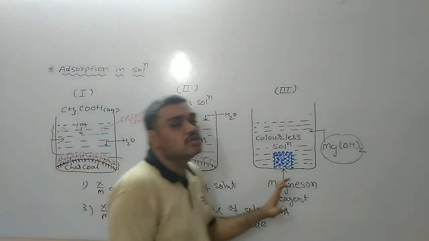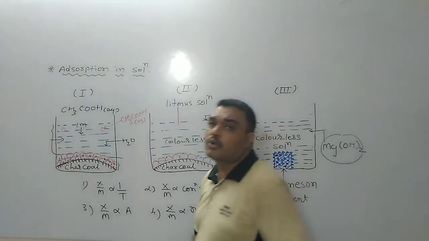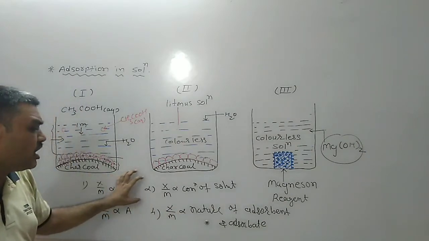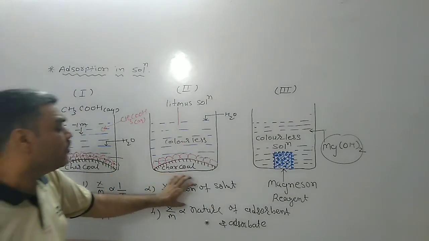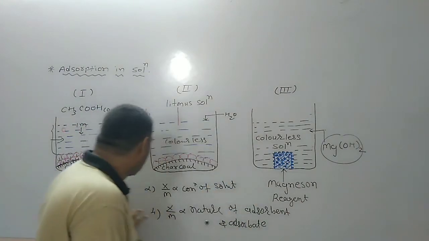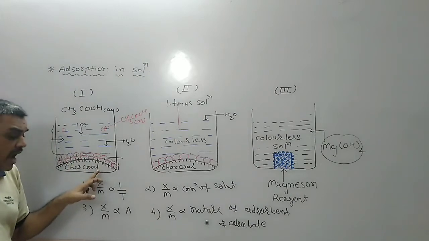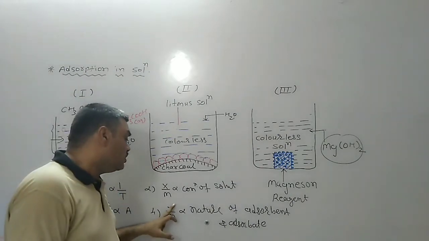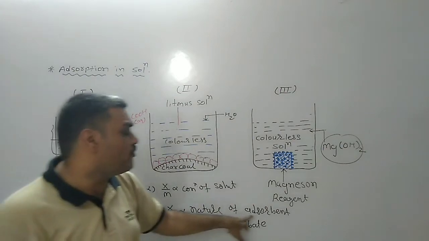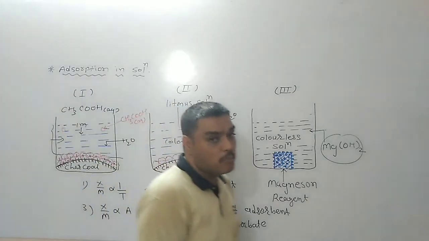So you will find these four conclusions from this experiment. You can conclude how adsorption is related to temperature, how adsorption is related to the concentration of solute in solution, how adsorption depends on the surface area of the adsorbent, and how adsorption is related to the nature of the adsorbent as well as the adsorbate.